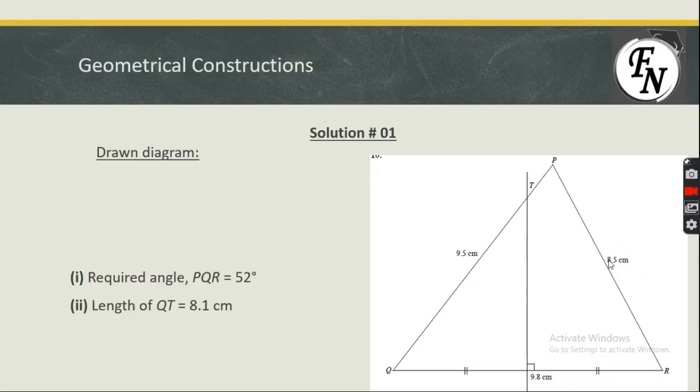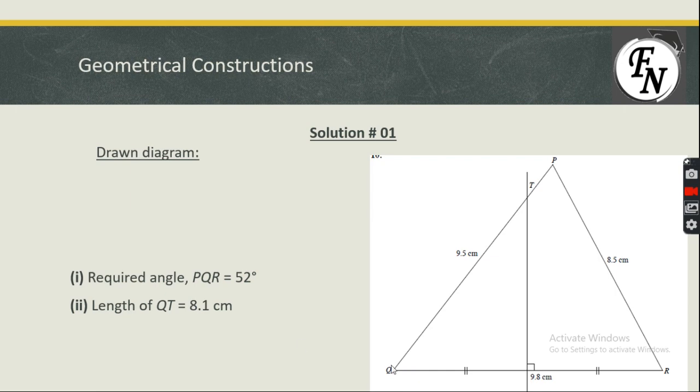So after the construction, we are done with the construction of this triangle, and we have learned that part A was asking us the angle facing the shortest side. As I've explained, PR is the shortest side among all these three, and the angle facing it is at Q.